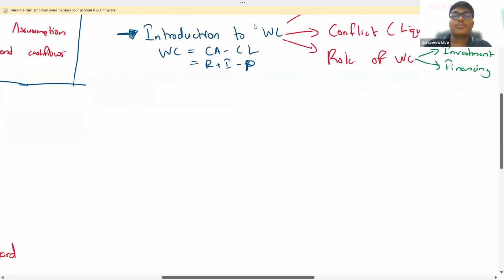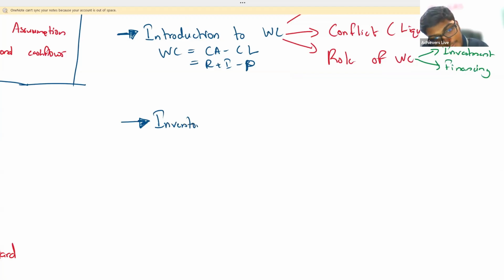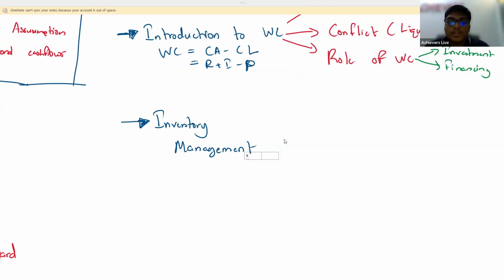Next, we are going to look at inventory management.